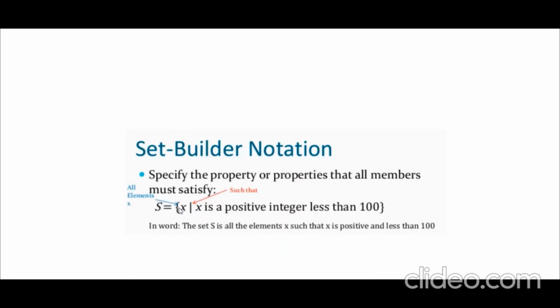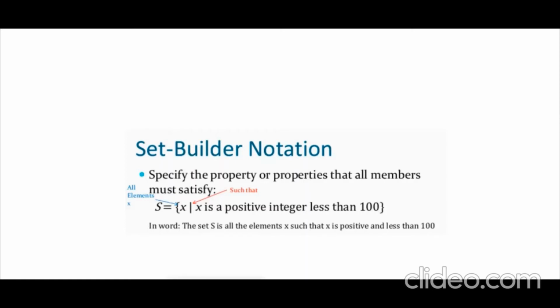How do you read this? S is the set of all elements x such that, this particular symbol we call such that, and then we describe what x is. x is a positive integer less than 100. That's how we do it. After the such that, we describe the set.